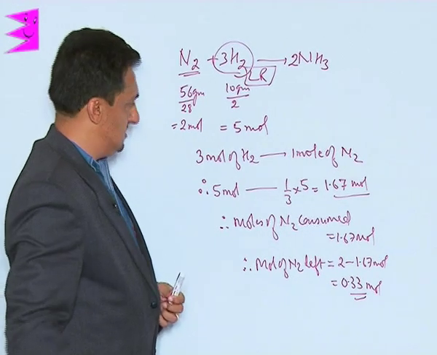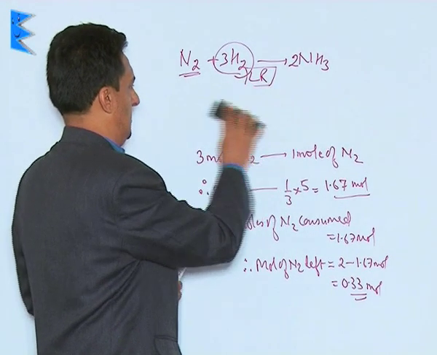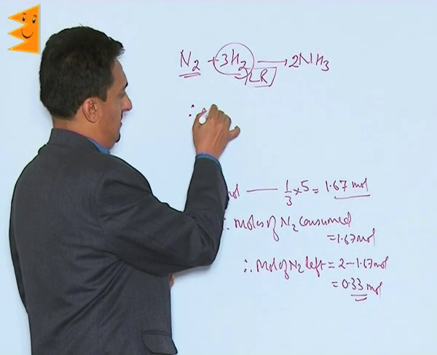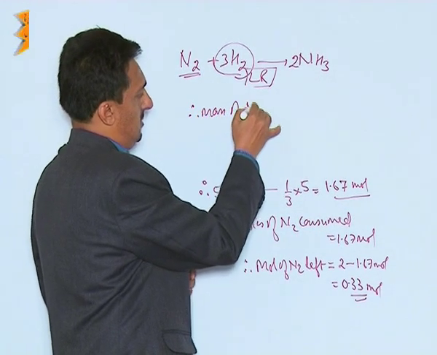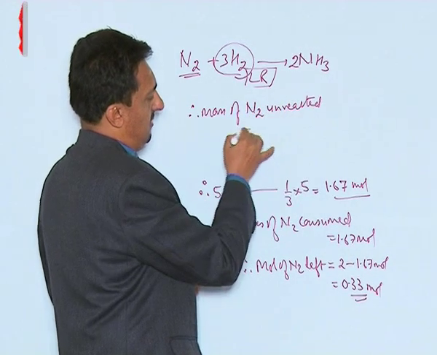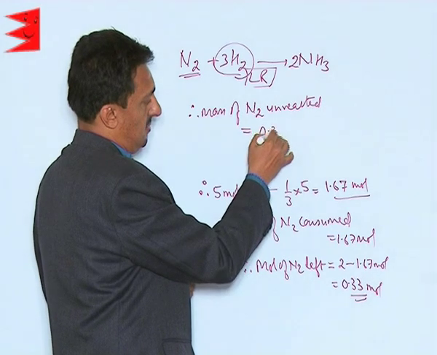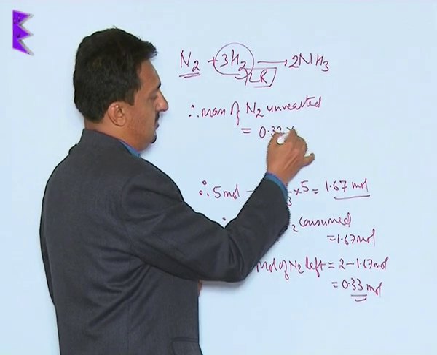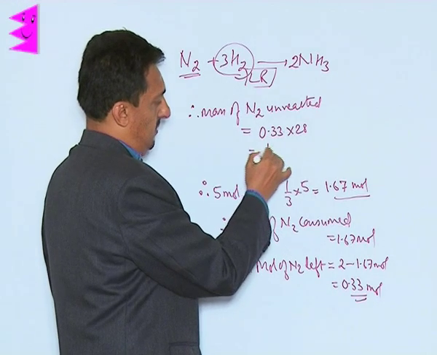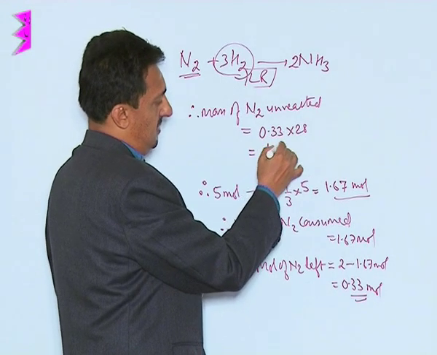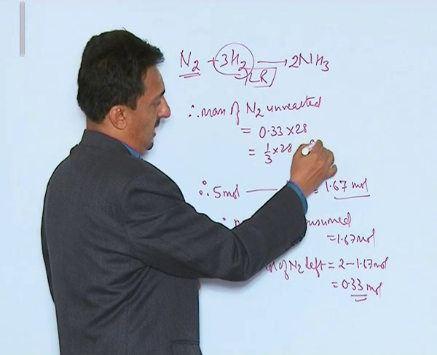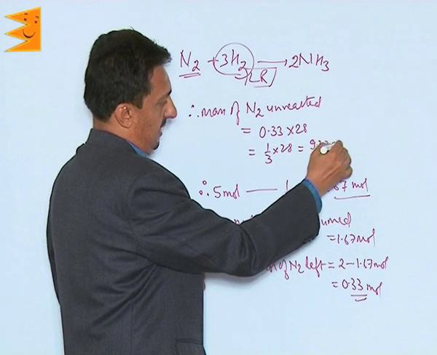So the mass of nitrogen unreacted will be 0.33 into 28, which will be 1 by 3 into 28, 9.33 grams.